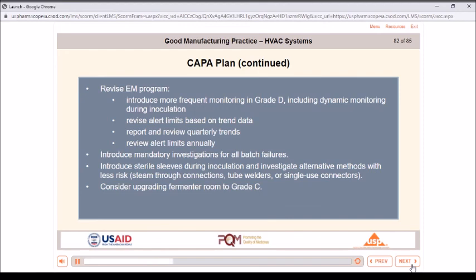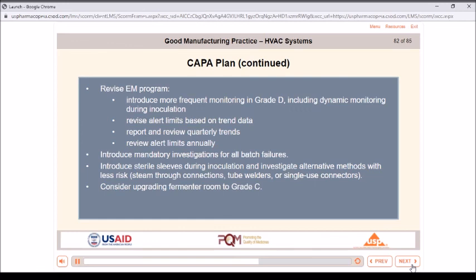The alert limits were reviewed and revised based on trend data. 3. Quarterly reporting of EM trend data was introduced, and these data were reviewed by the Site Quality Council. 4. The alert limits were also reviewed on an annual basis.